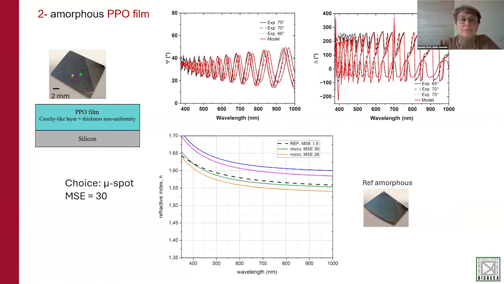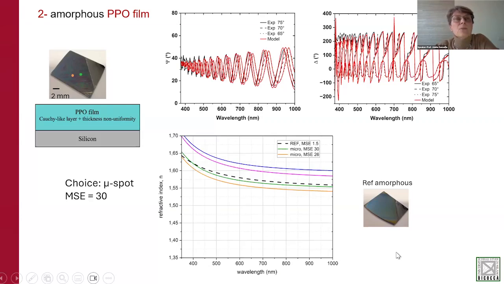So at the end, among the different spectra, we took this green one, collected on a specific small region, as our refractive index for our amorphous film.